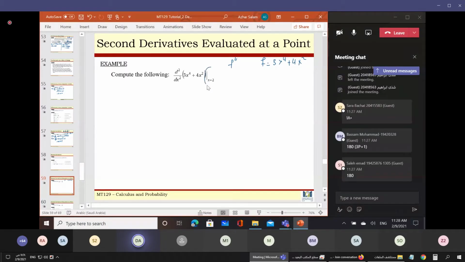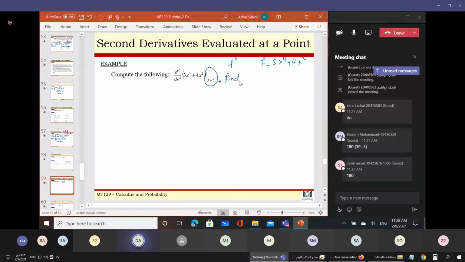Notice here this notation, a line, and under the line x equals 2. So the question is find the second derivative, then substitute with this value. This is the meaning of this notation. Find the second derivative at x equals 2.